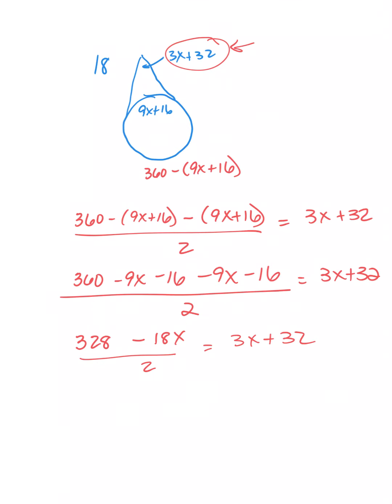So here it's the big guy, 360 minus (9x plus 16), minus the little guy, (9x plus 16), over 2 equals the angle, which is 3x plus 32. Then we eliminate the parentheses. We change all the signs on the 9x plus 16. Then we combine like terms. So we get, let's get rid of the 2 next, 328 minus 18x equals 6x plus 64 when I multiply both sides by 2.